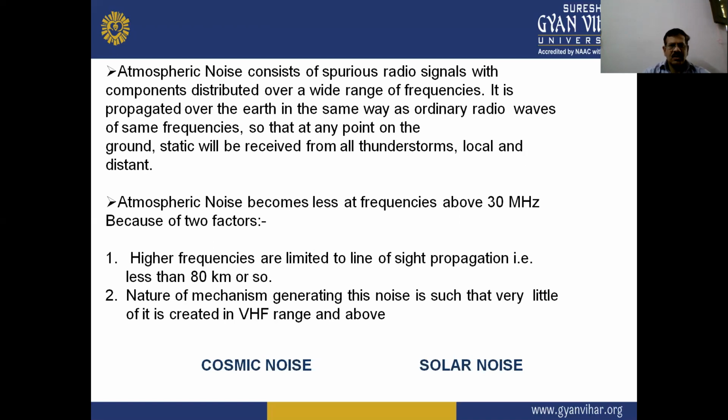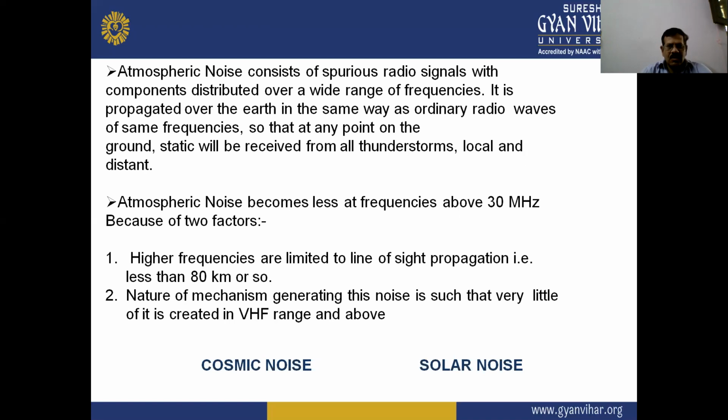So atmospheric noise becomes less at frequencies above 30 megahertz because of two factors. This is the very high frequency, 30 megahertz. First, the higher frequencies are limited to the site of propagation, less than 80 kilometers or so.